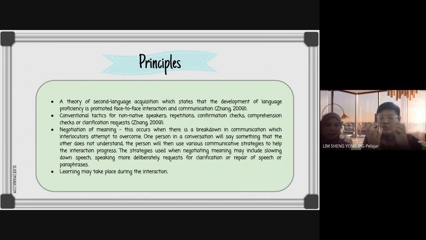Usually we use hand signals, we use pictures, or worst comes to worst, we use one of the various translation software in today's time, like Google Translate. Yes. Now, learning may take place during the interaction too.